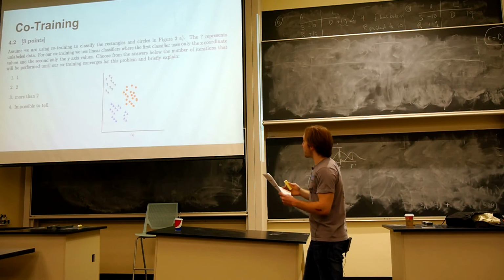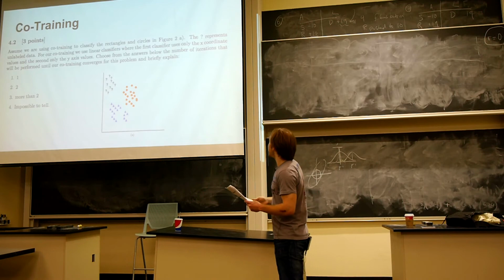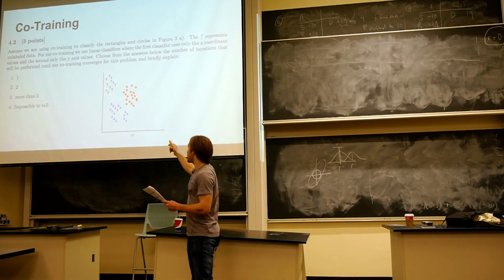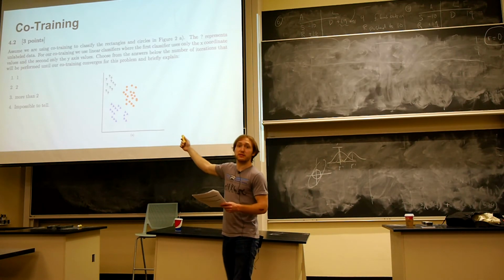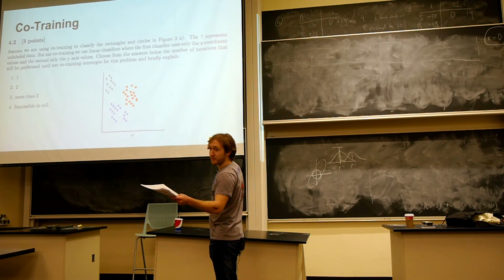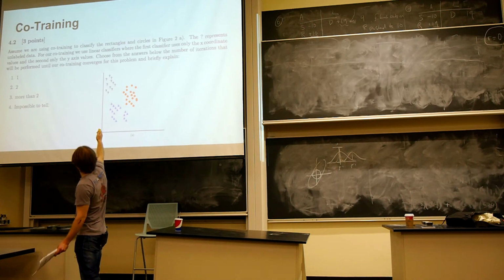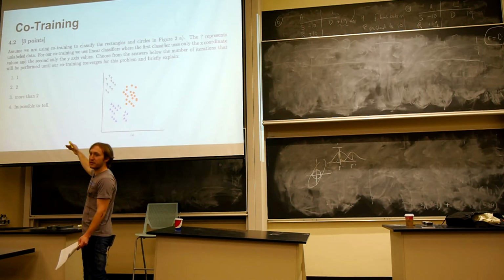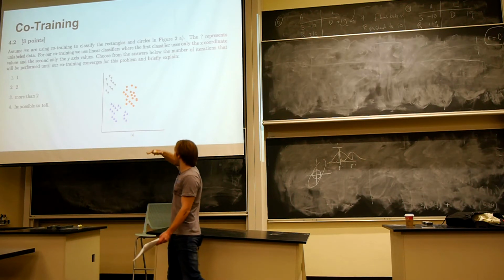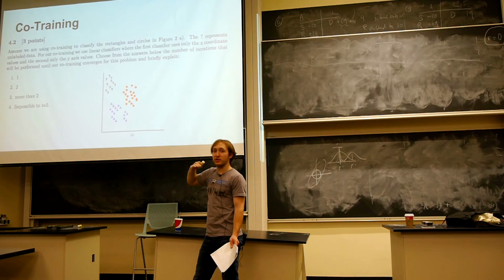In this case, our first classifier is a linear classifier using only the x coordinates. What would this first classifier label all of the question marks as? Blue triangles, right? Because the line is going to be somewhere in between these two, and all the question marks are to the left. Similarly, what will the classifier that only uses the y values label all of the question marks as?